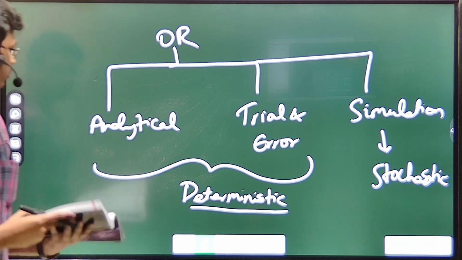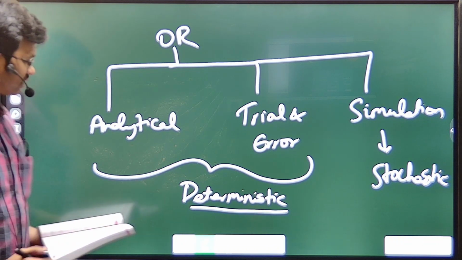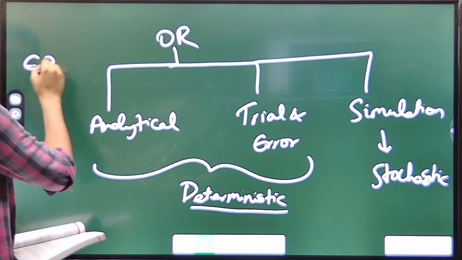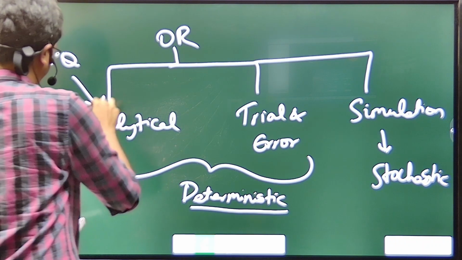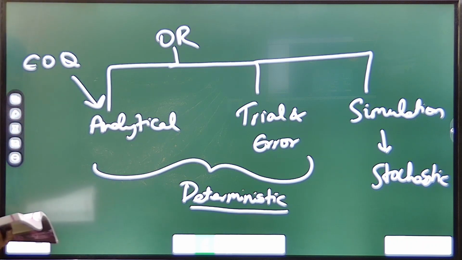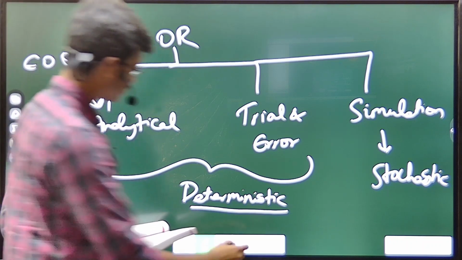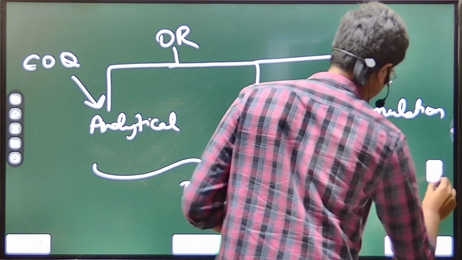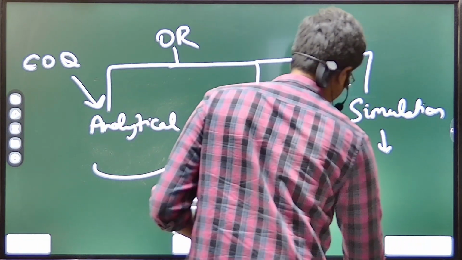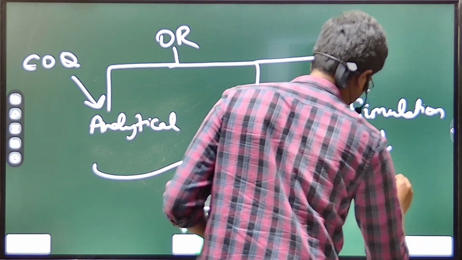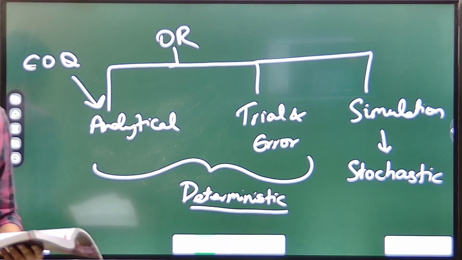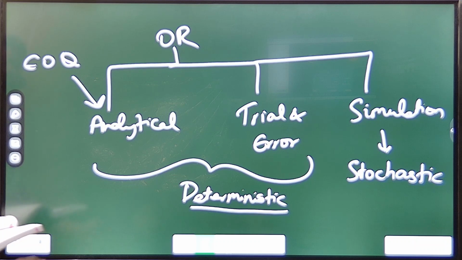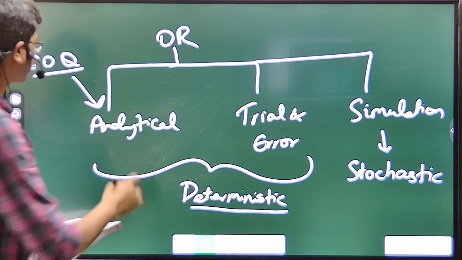We have been discussing EOQ, that is economic order quantity, right? So EOQ is an example of an analytical method.